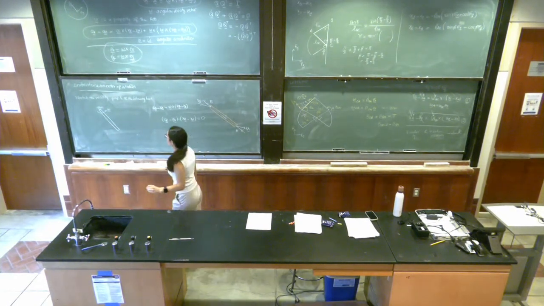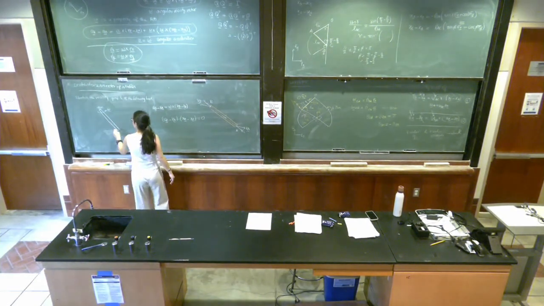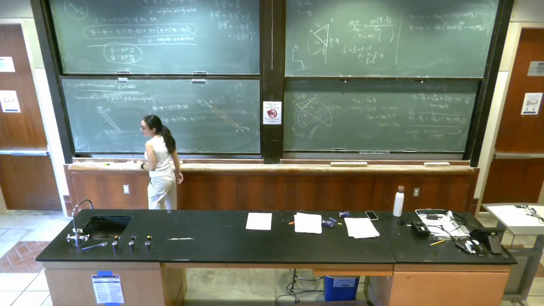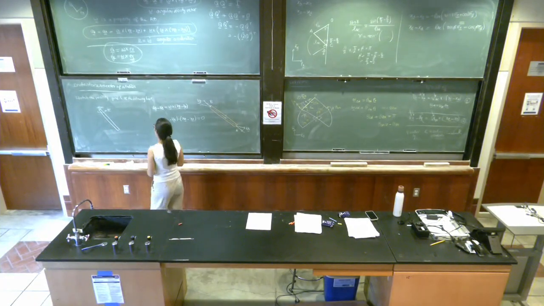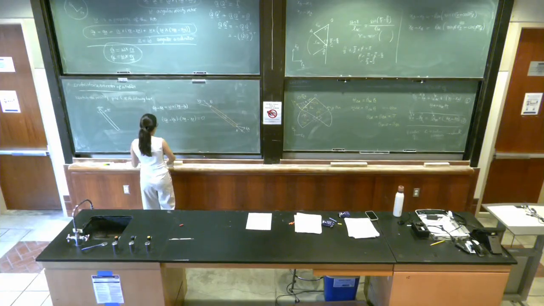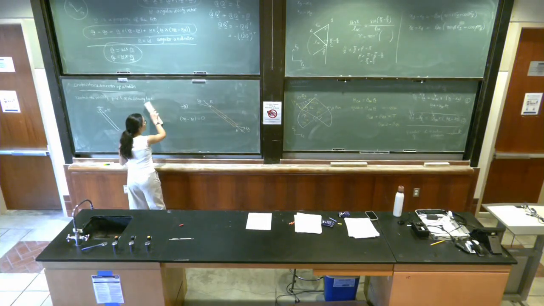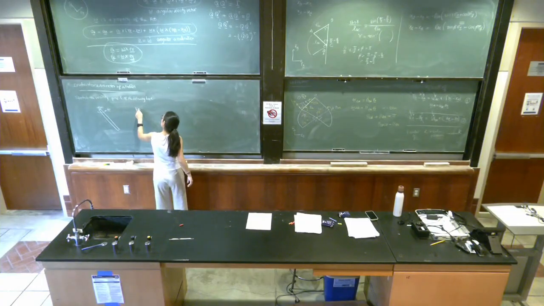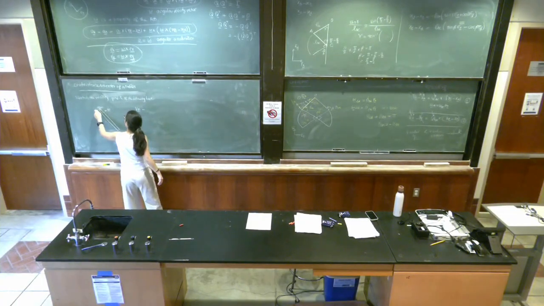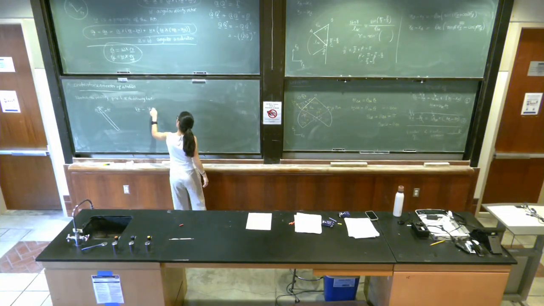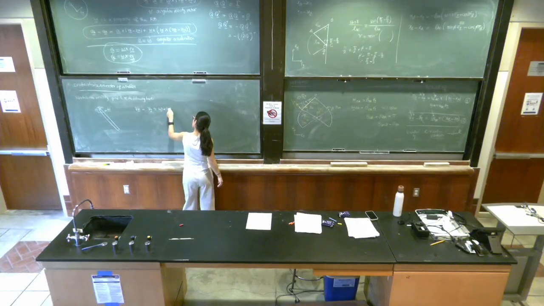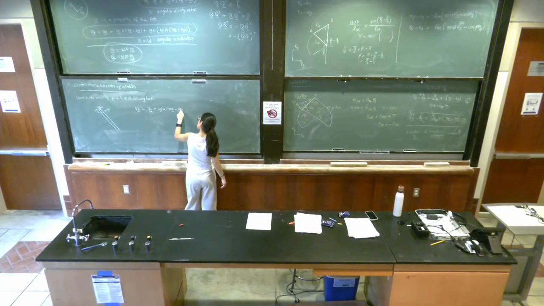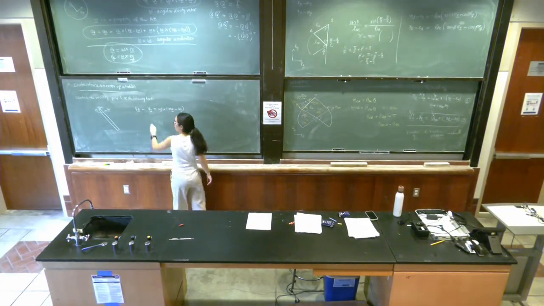I have, for example, points A, B. I can say that VB minus VA, I will erase this bit here. Okay, here. VB minus VA, VB minus VO is omega cross XB minus XO. VO is 0.